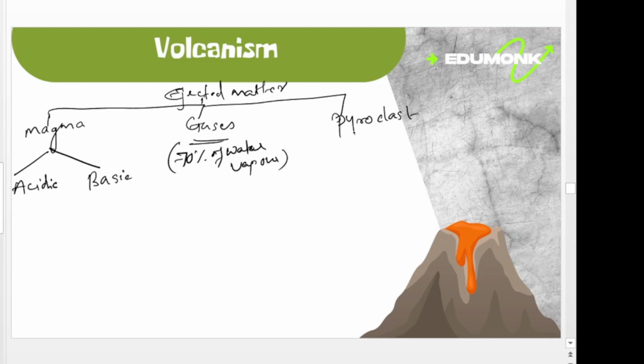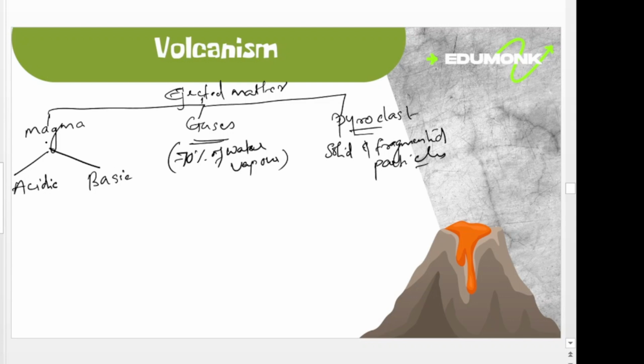Then pyroclast means it is the solid and fragmented particles. So, as part of volcanism, there are some ejected matter which includes magma, gases, and pyroclast. The magma can be classified into two: acidic magma and basic magma.